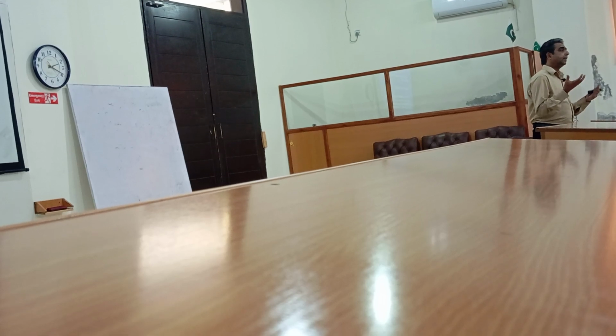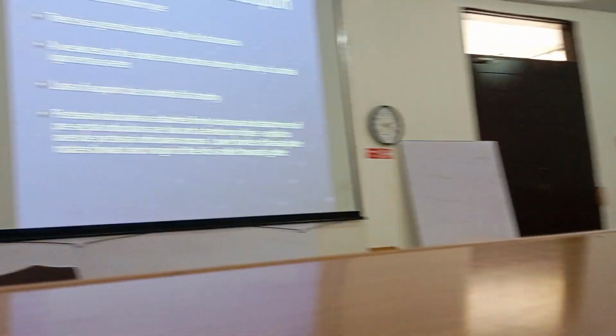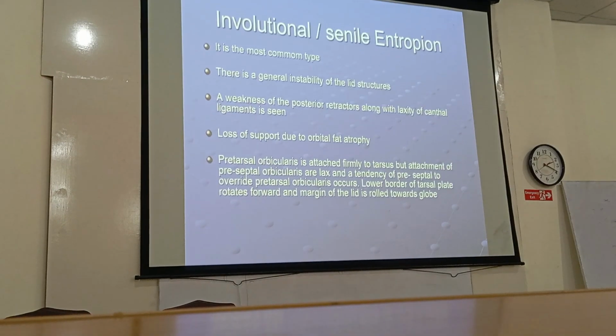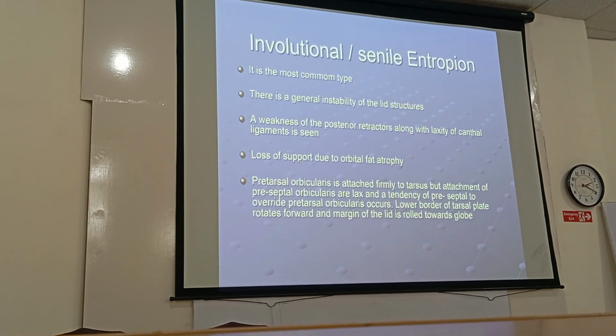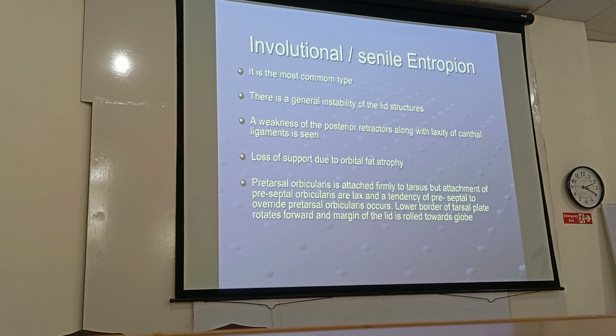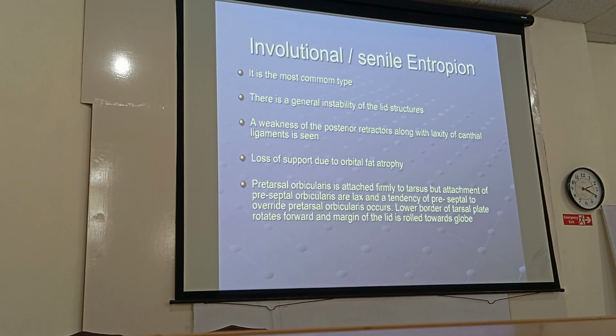When they become lax, then either entropion or ectropion can occur, or you can simply say that the eyelid will not be at its right position. Got it? Okay. It is the simplest way I could tell you to understand this laxity of the canthal ligaments, inner canthal ligament and lateral canthal ligament.